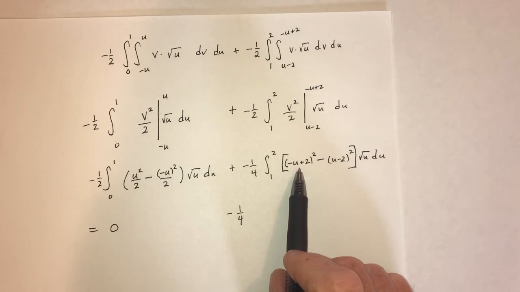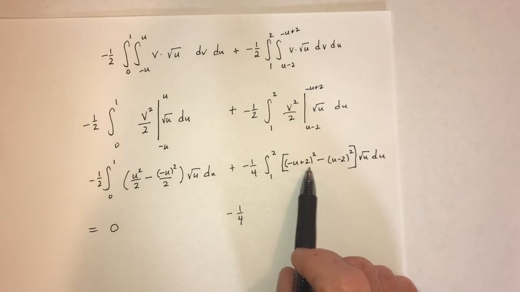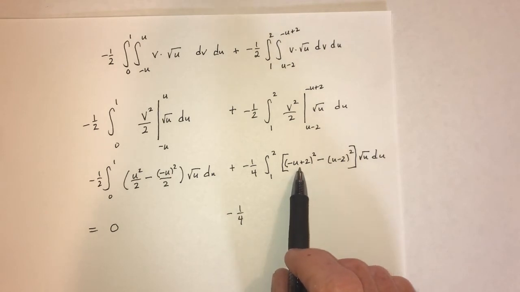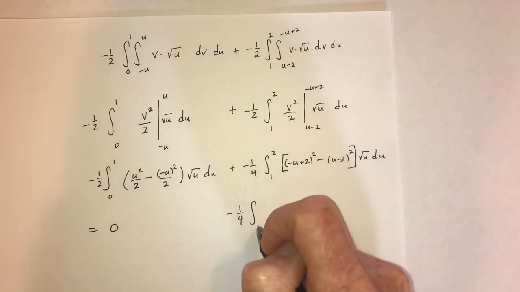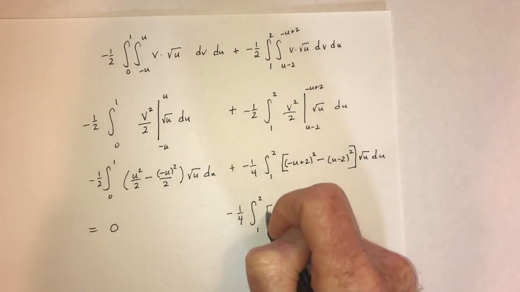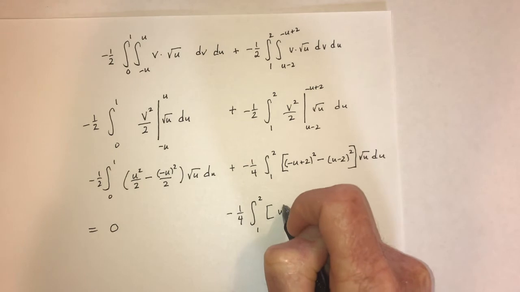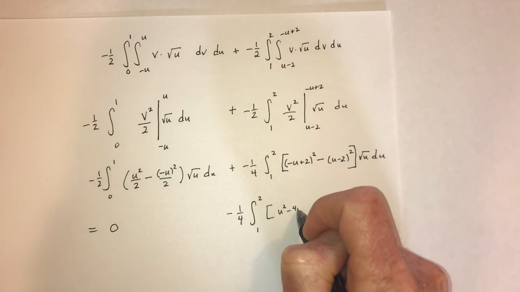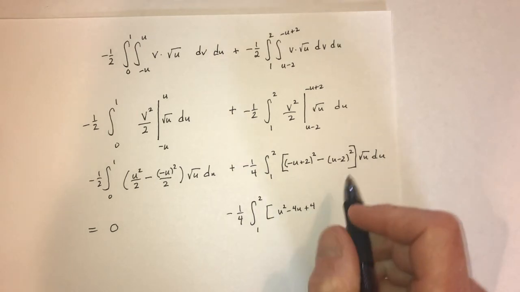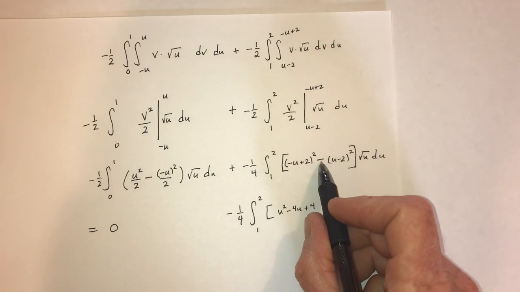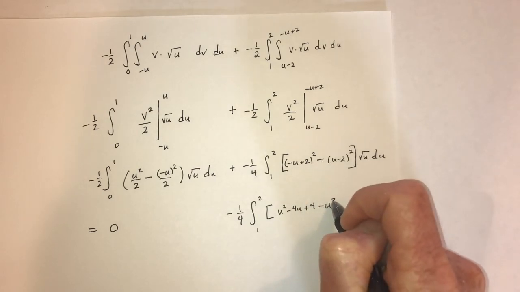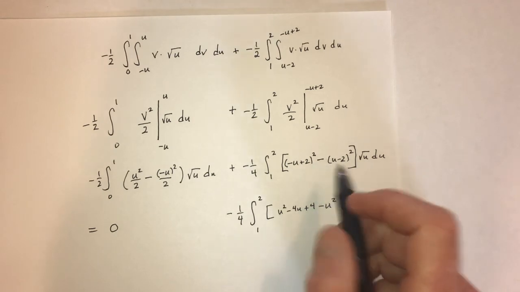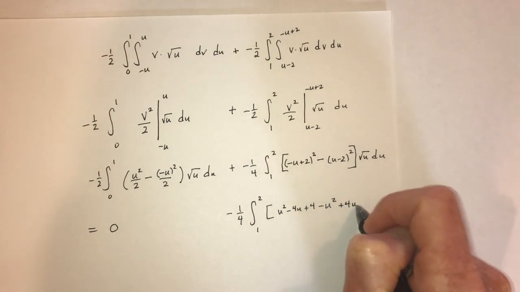So let's see. I'm just trying to decide if there's any nice, easy algebra that I could do, or do I just need to multiply this out? Yeah, you're right. We should just go ahead and multiply it out. So the first one would be u squared minus, multiply these two and then double it, so minus 4u and then plus 4. And then this is going to be u squared, but with that, it's minus u squared. The middle term would be negative 4u, but with that, it makes it positive 4u.